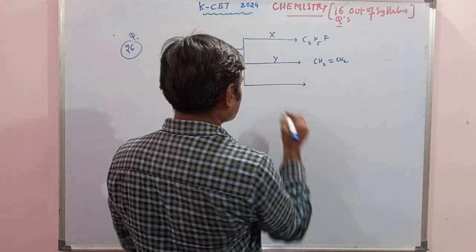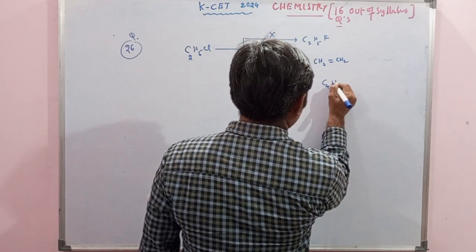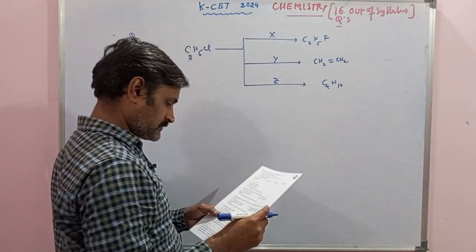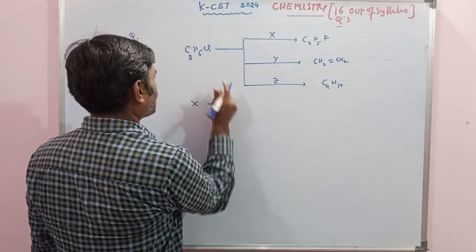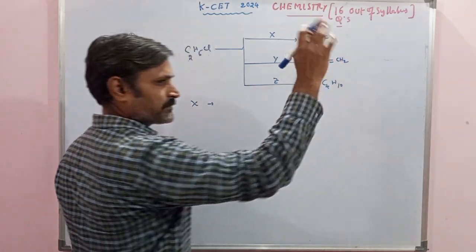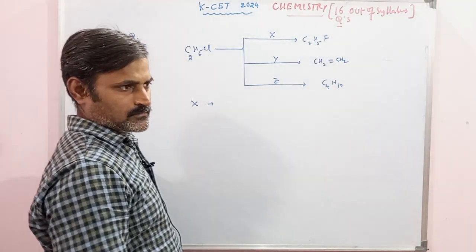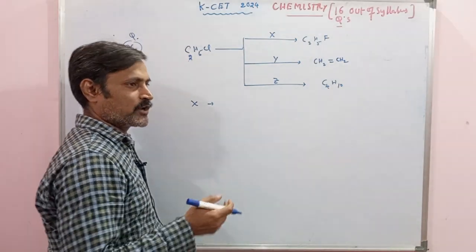Next, Z is on the arrow mark, giving C4H10. So what might be X, Y and Z? Carefully observe: the chloride is there and fluoride came. Fluorides are prepared using the Swarts reaction. In the Swarts reaction, we can use heavy metal fluorides.